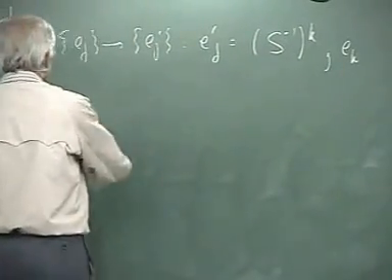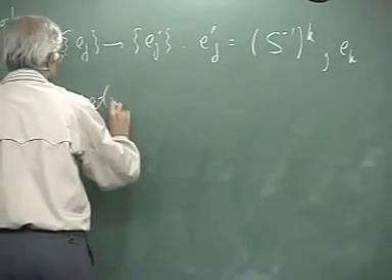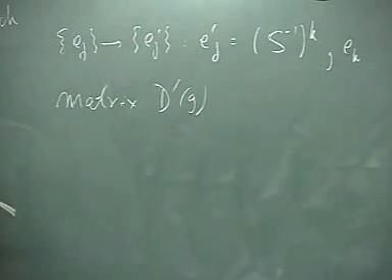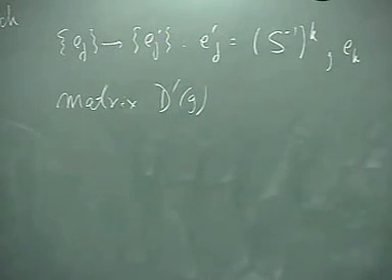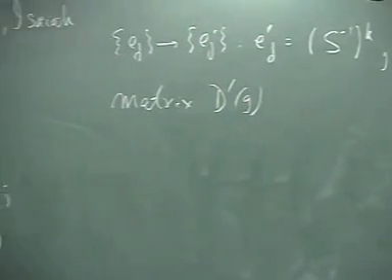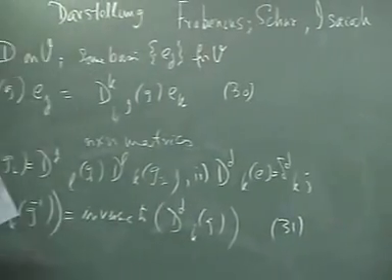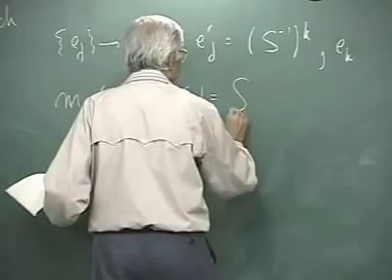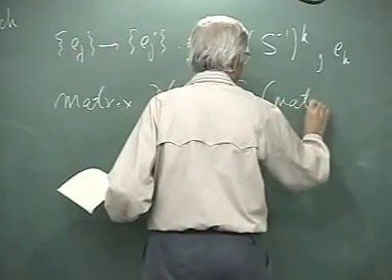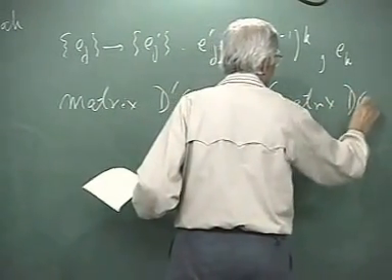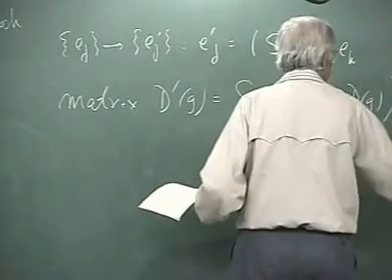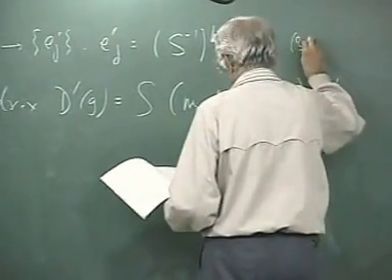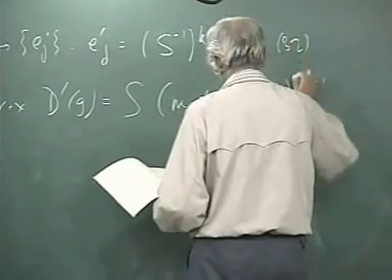Then you can easily check that the matrix D prime of G, representing the linear transformation D of G in the new basis, will be a similarity transformation applied to the original matrices. I am using a kind of simplified notation here.